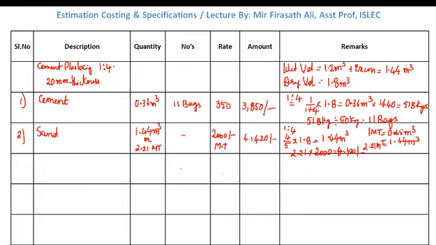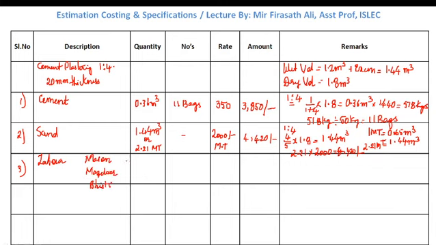The next is labor charges. Third one. We require mason, mazdoor and bhisti. Okay.